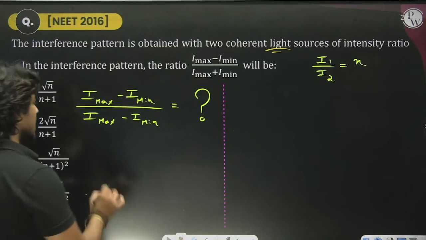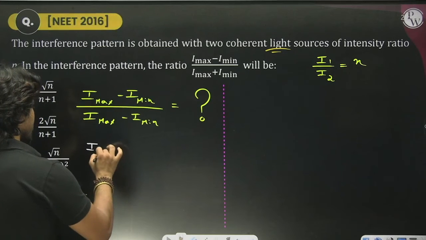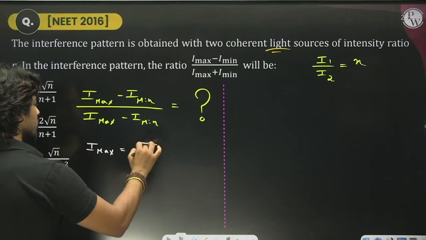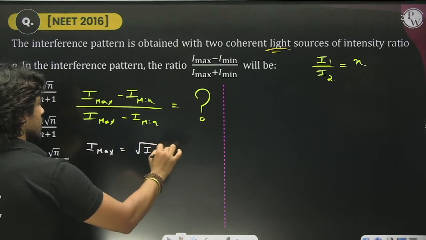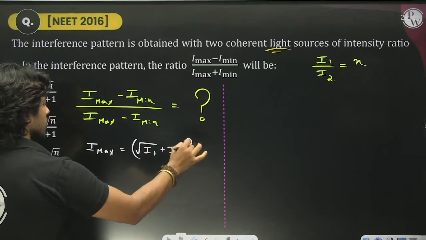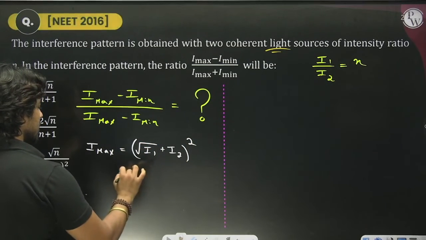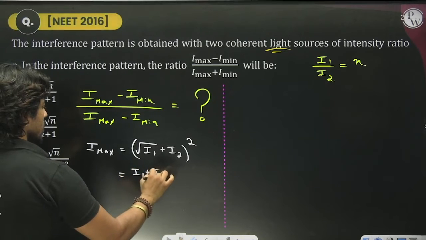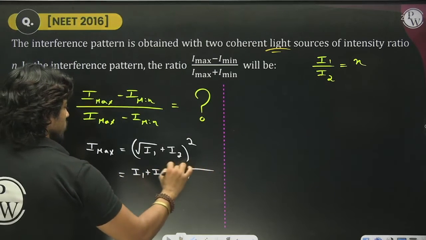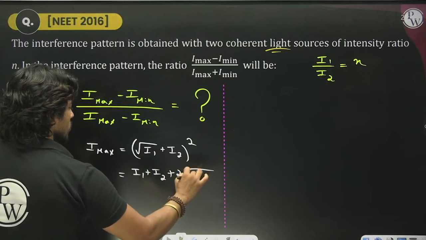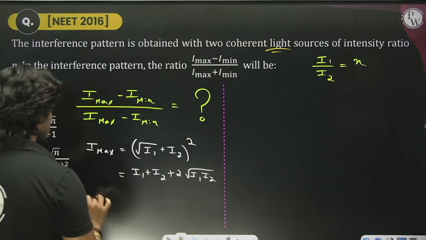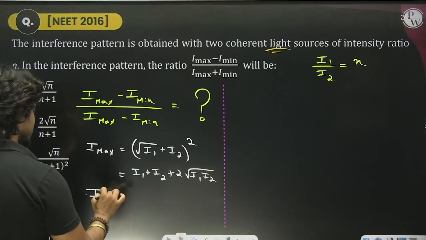First of all, what is I max? That's (root I1 plus root I2) the whole square. So you can simply write it as I1 plus I2 plus 2 root I1 root I2. Similarly, what's going to be I min?